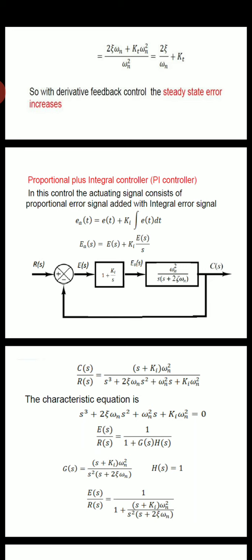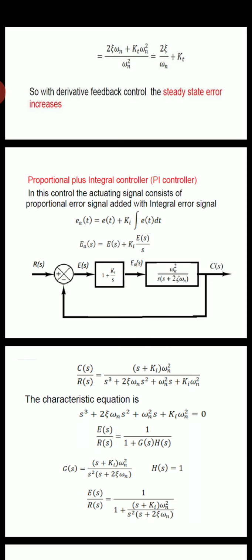You will get C(s)/R(s). If two blocks are in series, then we will multiply. After multiplying, it is a minor feedback loop, so we use G(s)/(1 + G(s)H(s)).